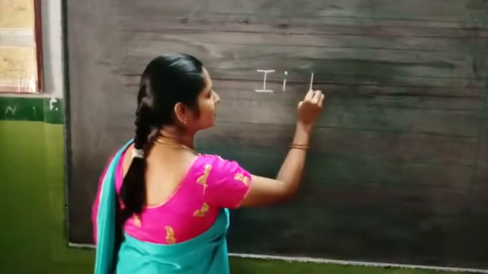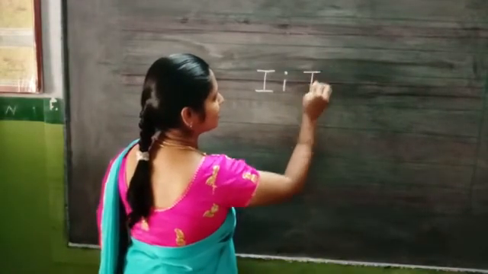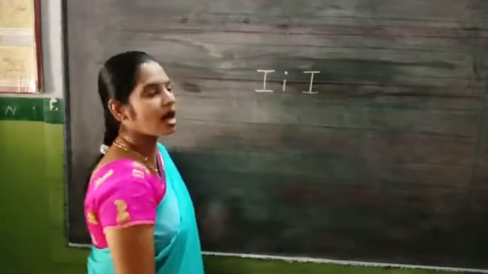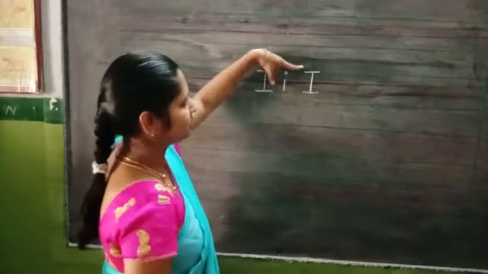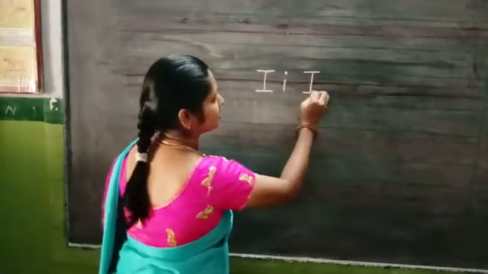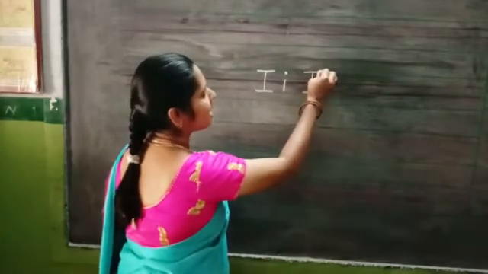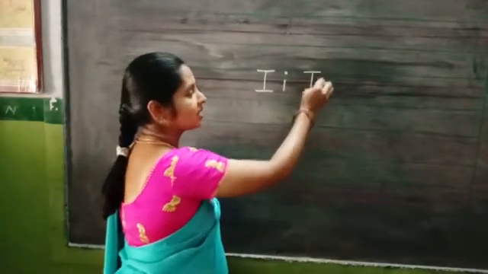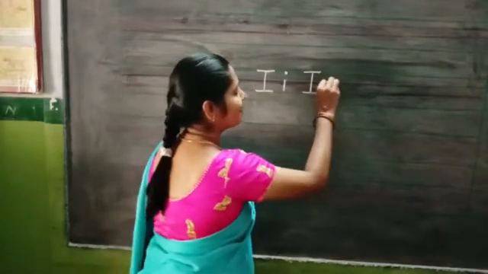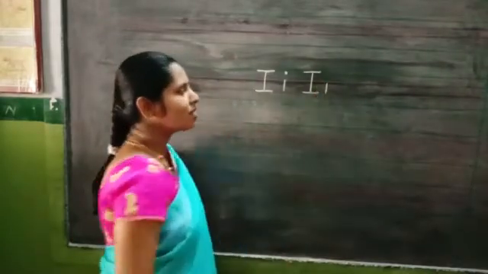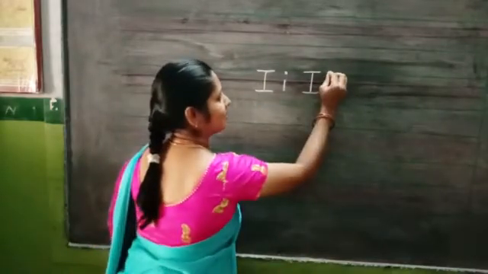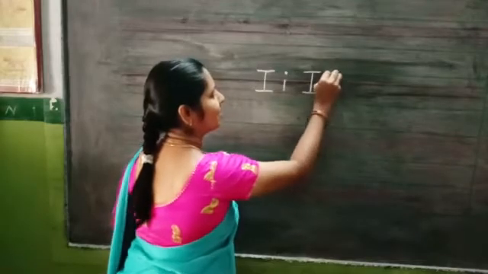Standing line, sleeping line, sleeping line. This is your mama letter I. Standing line, here a sleeping line and a sleeping line. Big letter I, that is your capital letter I. And baby letter I. Put a small standing line in the center and keep a dot here.